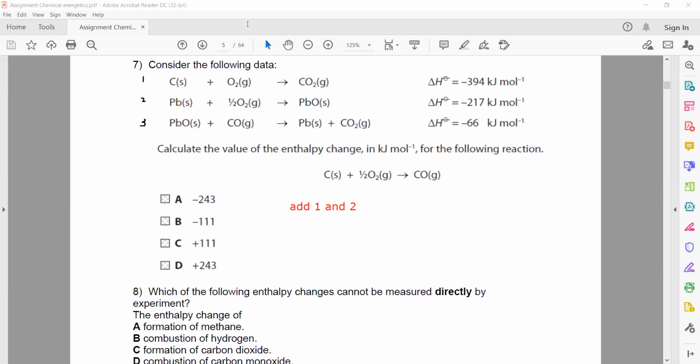So if I add equations 1 and 2, it means the lead oxide will cancel with lead oxide, lead will cancel with lead, and the addition of this, what does it result in? The equation which we will have is carbon monoxide plus half oxygen gives carbon dioxide. This is the equation which we will get.